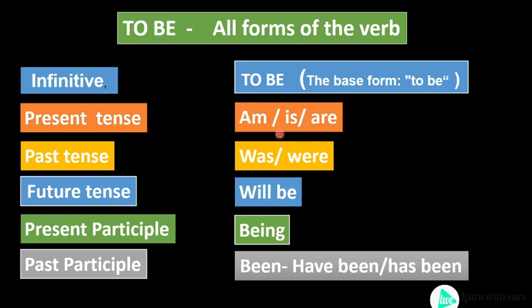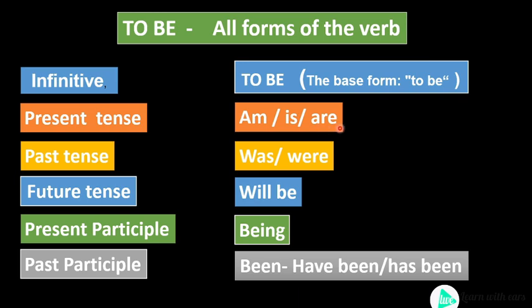We use am with I, is with he, she, it, with singular subjects. He is, she is, it is, or you can use any name like Jack is. Are we use with plural: we, you, they.